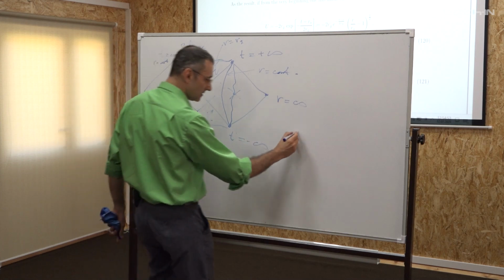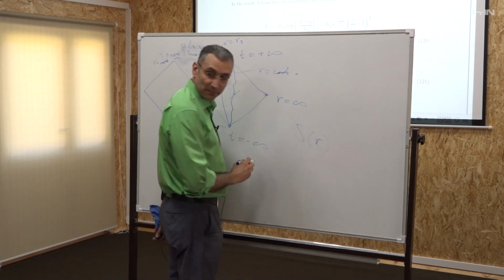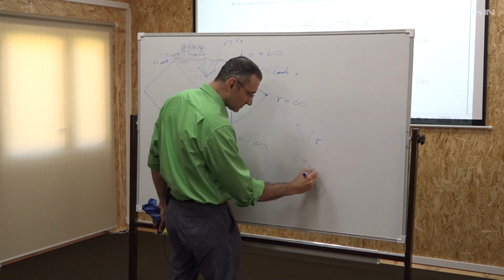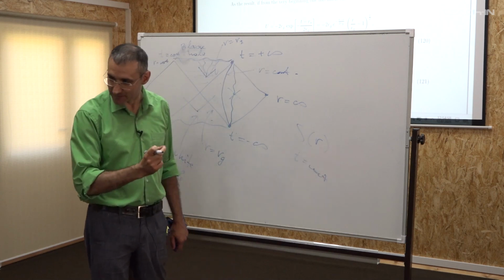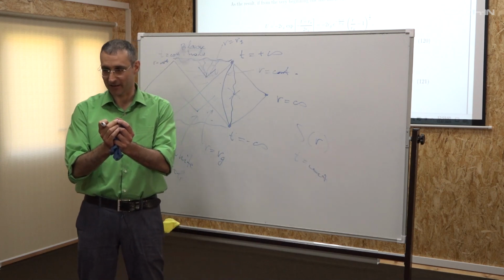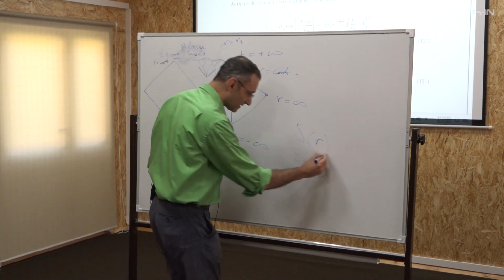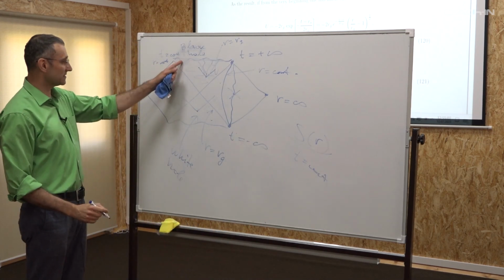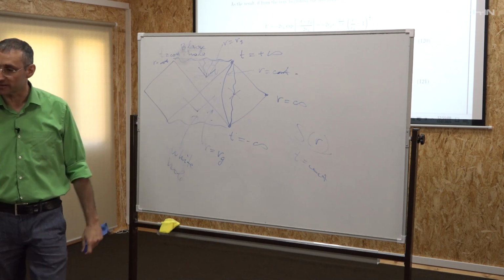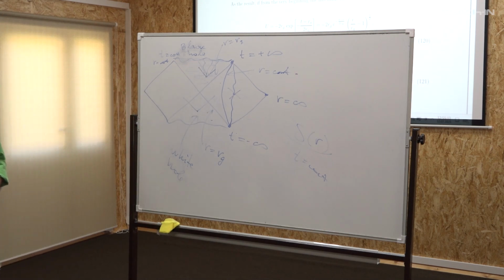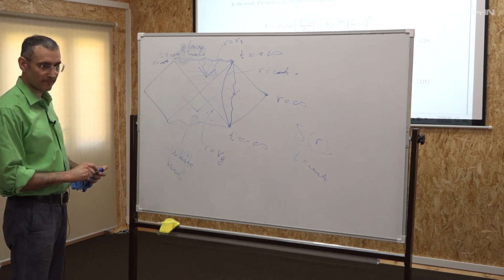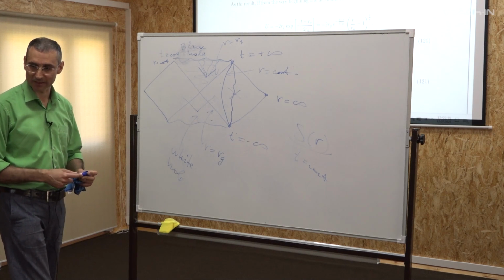Delta function, delta of r, means that you took t constant, some Cauchy surface, and put some source on it. This is not a line on which you can put the source. You see, it's not a Cauchy surface. I hope it's clear what I mean.